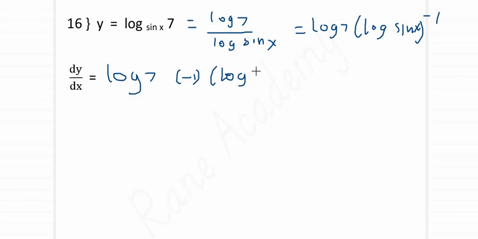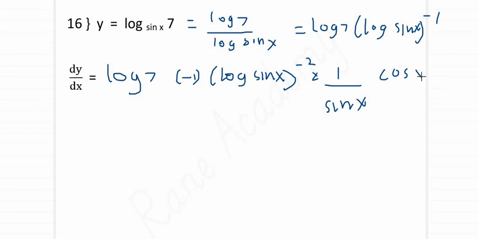Now the outermost function is log of sin x whole raised to minus 1, and inside that we have the inner function log of sin x. So we have to differentiate log of sin x. The derivative of log of sin x is 1 upon sin x, and the derivative of sin x is cos x.